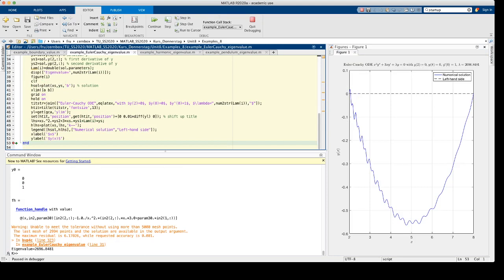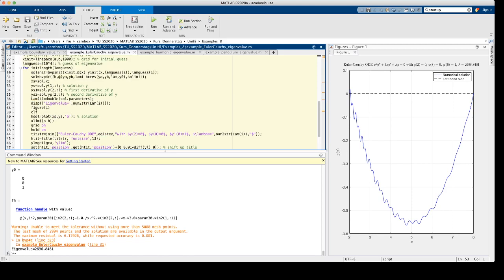Yeah, in this case, the solver does not converge to a valid solution. It says unable to meet the tolerance without using more than 5,000 mesh points. And you see that this solution looks very strange. So it's obvious that this run has not converged to something that is a valid eigenfunction. There can also be different types of problems.